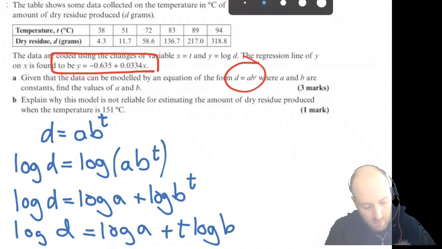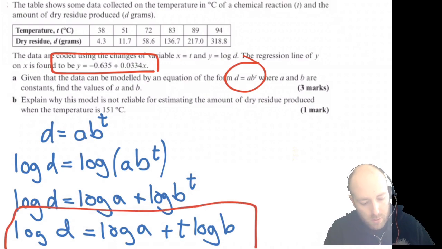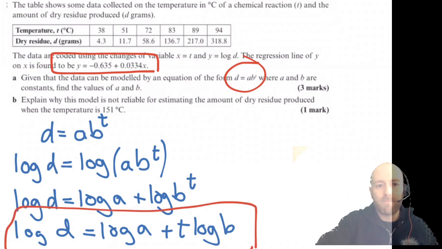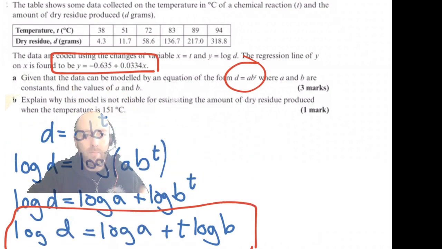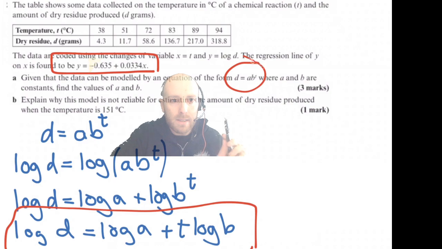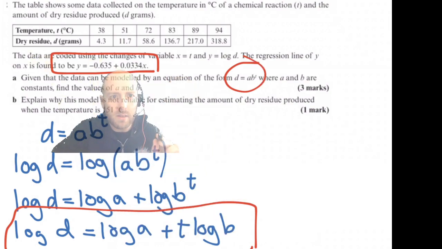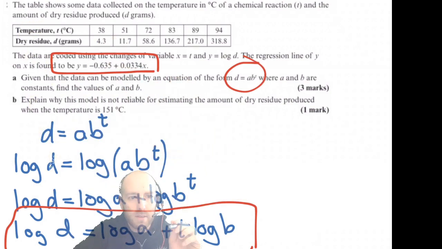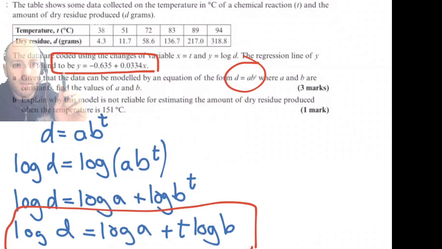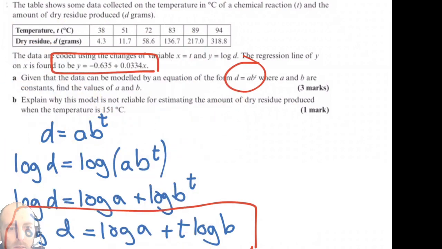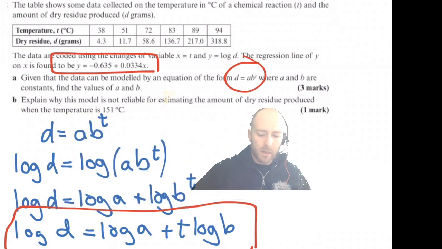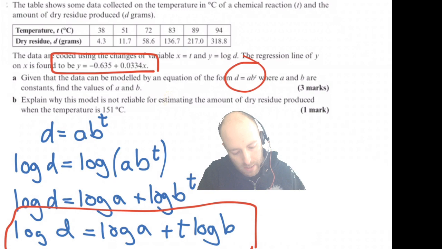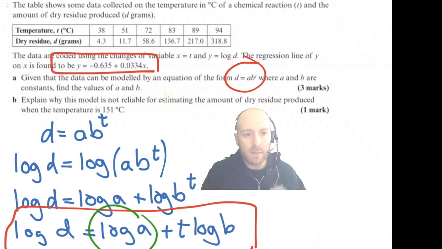here with this equation up here, comparing this one with this one. Now they told us x is t, so okay, let's just pretend that this x here is the same as this t here. And y is log d, so this y here is log d here. We need to find a and b. Well, if we look at the a part, a here is on its own with no t's or x's or anything.